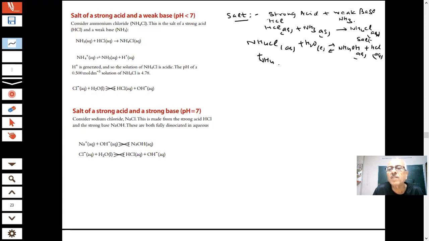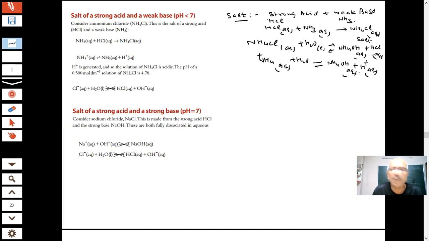Ammonium ion aqueous will react with H2O. Then what does it form, students? NH4OH plus H plus aqueous. This is a weak base, it has very little ionization.